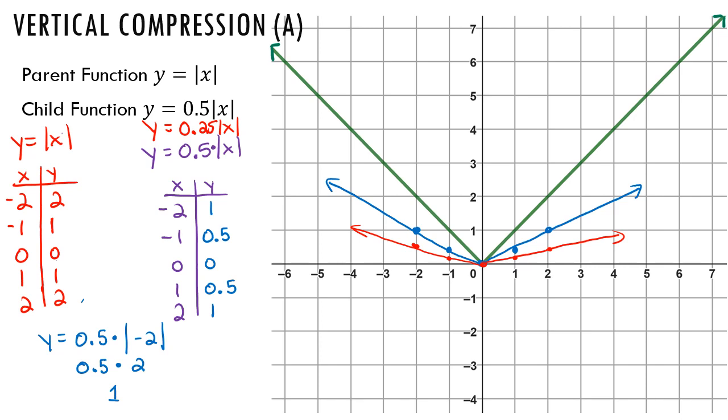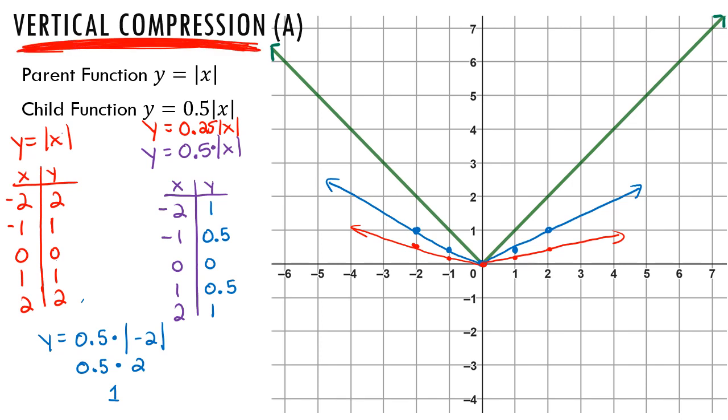So if our parent function is the green one, if I turn it into a 0.5, it turns into the blue one. Now if I do 0.25, which is an even smaller number, it turns into the red one. You can kind of see that the graph is being pressed down to the x-axis, trying to make it flat. That's called a vertical compression.